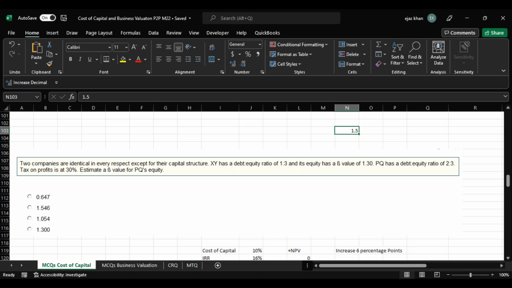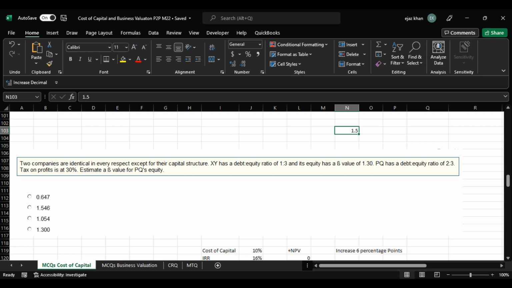Yeah, Zainab, you are spot on. It means that the company is 1.5 times as risky as the market is. If you are gauging the risk of a company from its value, that is the share price, let's say.